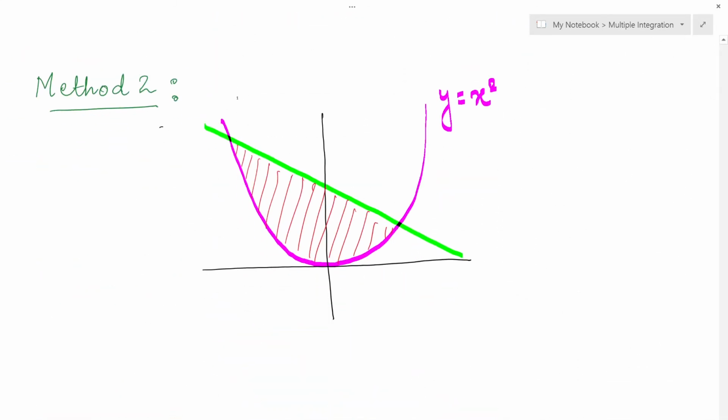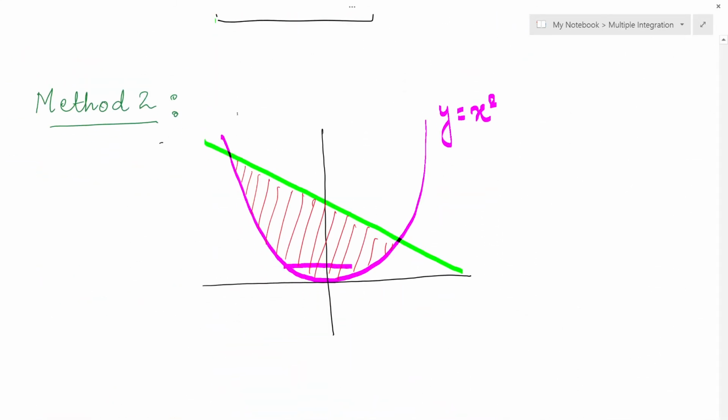But now if I take the horizontal strip, the strip touches left to the parabola y is equal to x square. The strip touches right to the parabola y is equal to x square. It will go from down to up. Again same, it touches the parabola.